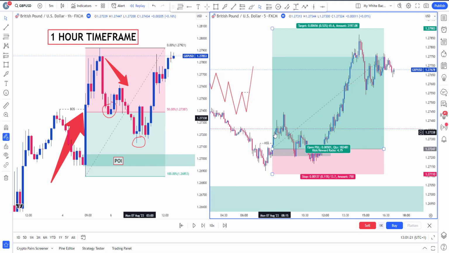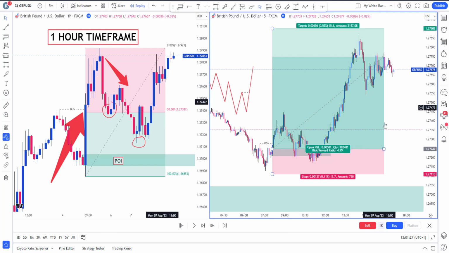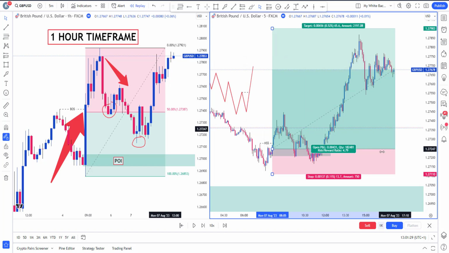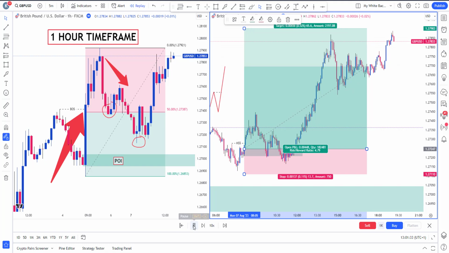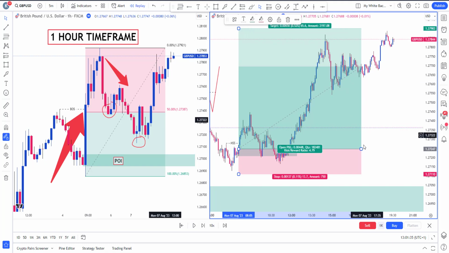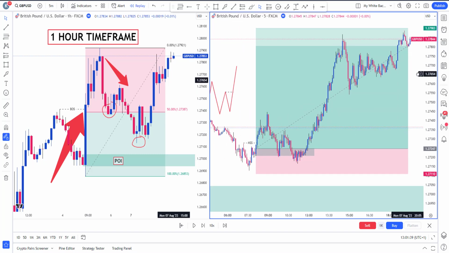Look at the risk. This is almost 1:5 or 1:6 in that movement and you target the opposing liquidity, and that is exactly how you go about it. You target the opposing liquidity and you are good to go. You can see that price has reached almost your target, if not your target, from that movement.